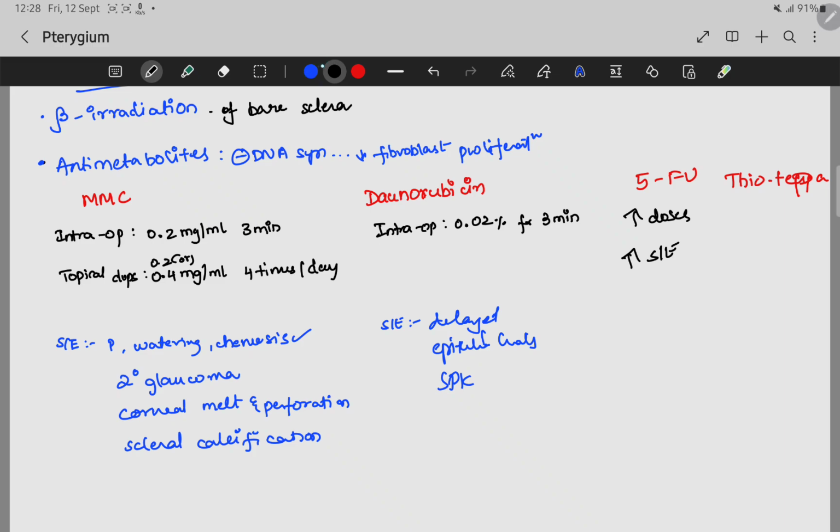Then thiotepa, it was used, but it has the side effect of irreversible depigmentation of the eyelid. That's why it is not used.